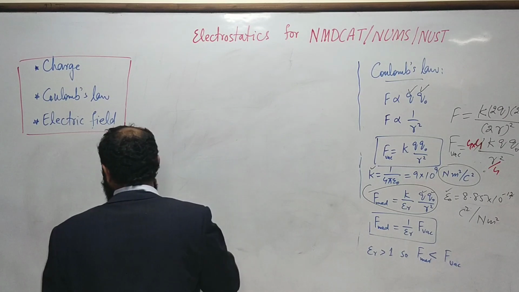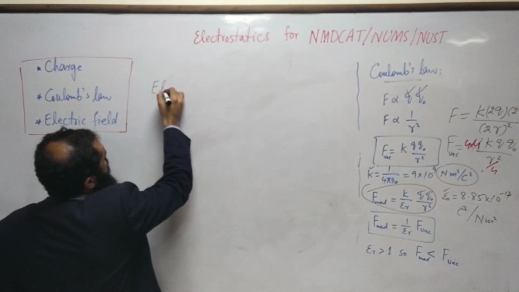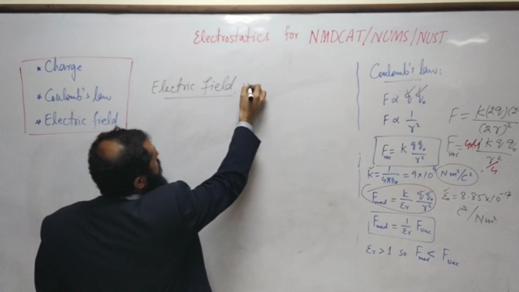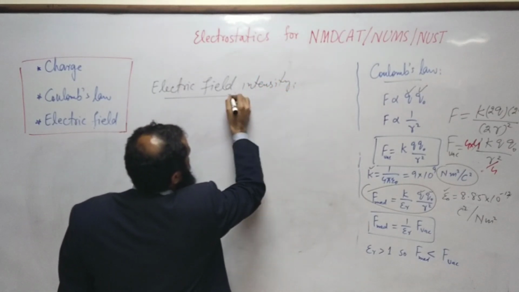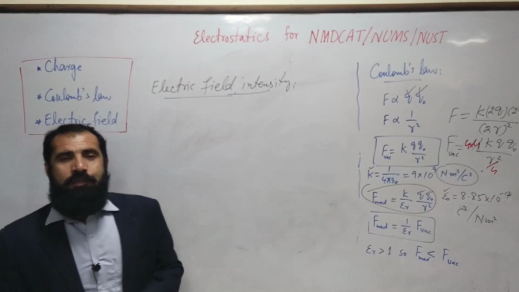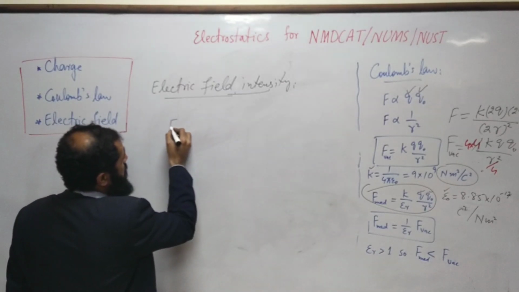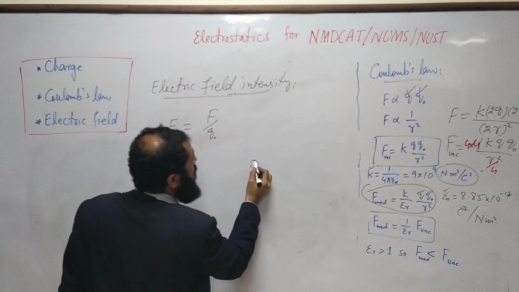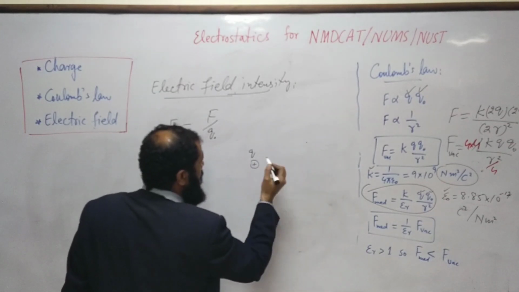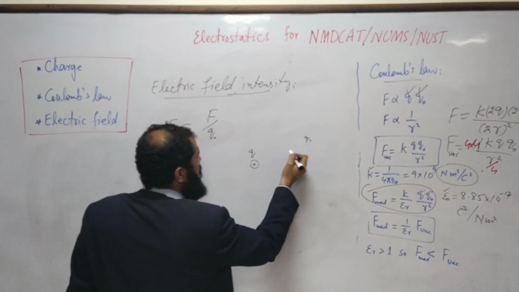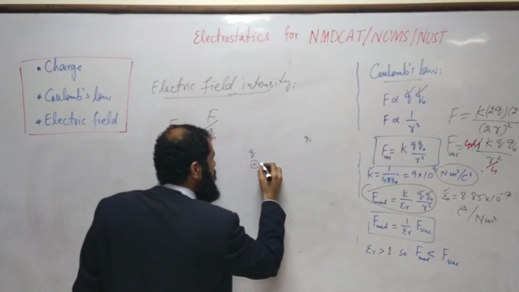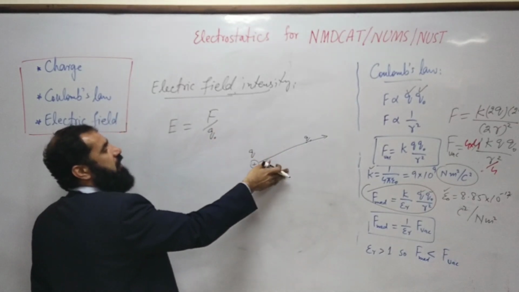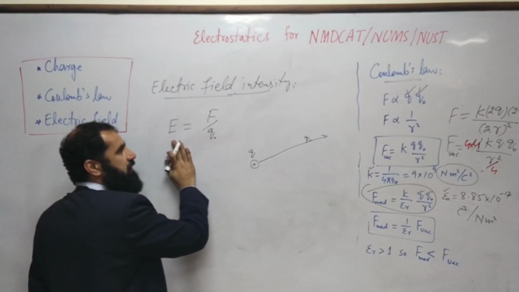Electric field intensity. Electric field intensity is the force on a test charge which is placed inside the field of some source charge Q. Here I place some test charge, and the force this source exerts on this test charge, when divided by the test charge, gives the electric field intensity.